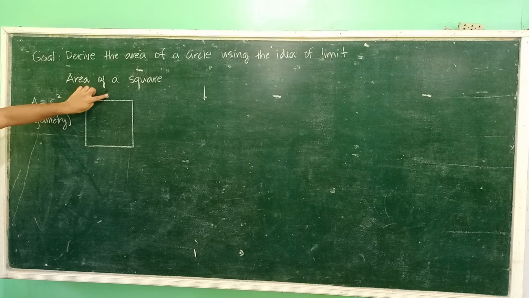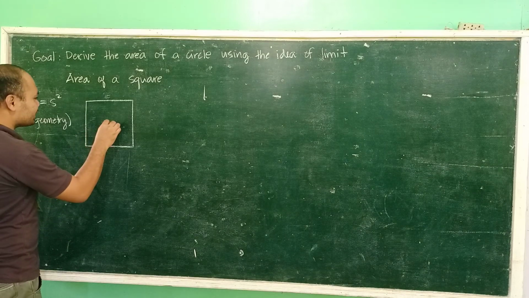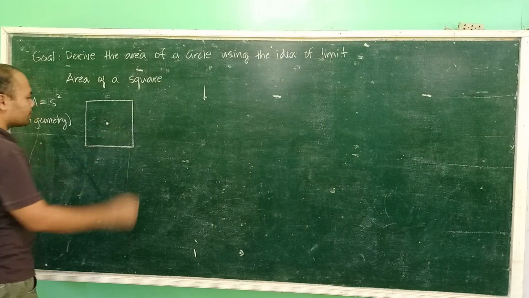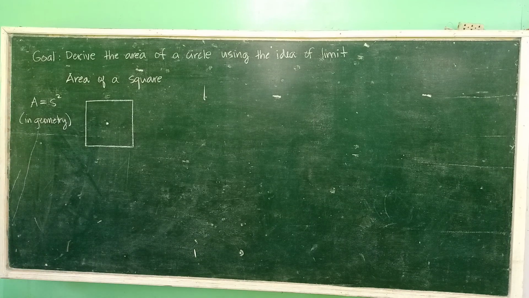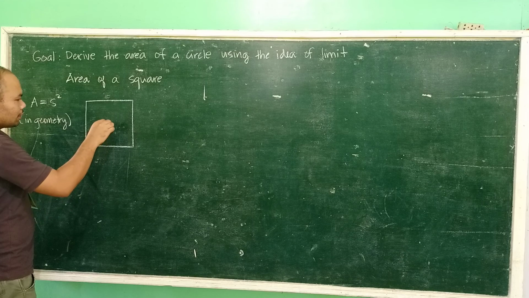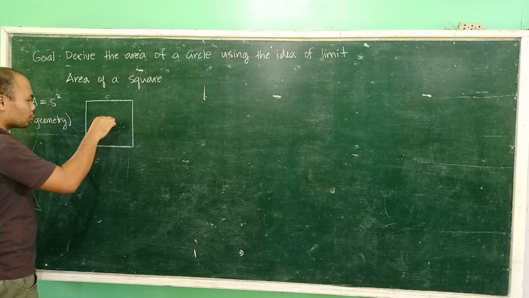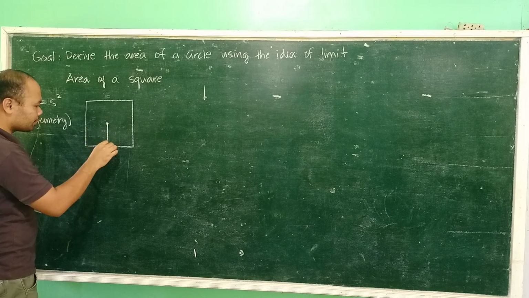So suppose we are not given S, but we are given another measurement. What is that measurement? Suppose this is the center of the square. We are going to connect the center of the square to a point here.